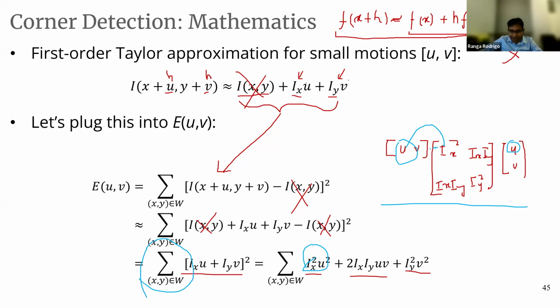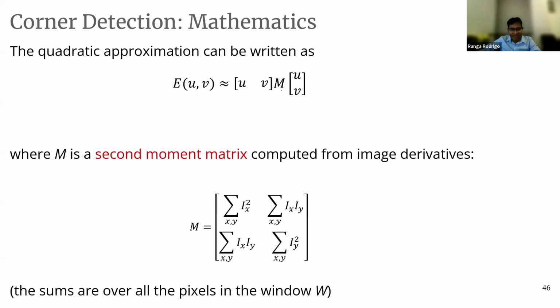That summation will come. It is very important to have that summation, summation over window. You can see this matrix has a special name. It's called M, the second moment matrix. So that's my M, second moment matrix. I hope it is understandable to you. This is very valuable.